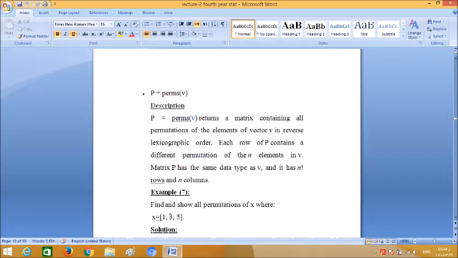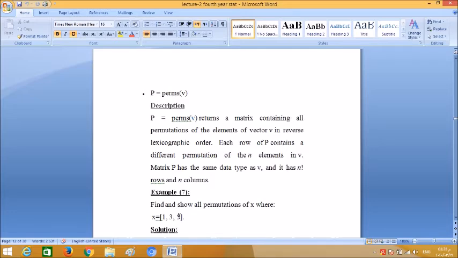The function perms means that the permutations begin reversely from 5 to 3 to 1. This is the meaning of reverse lexicographic.